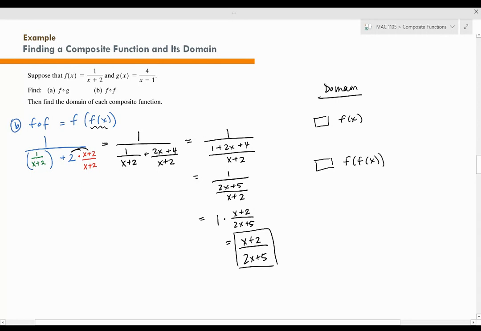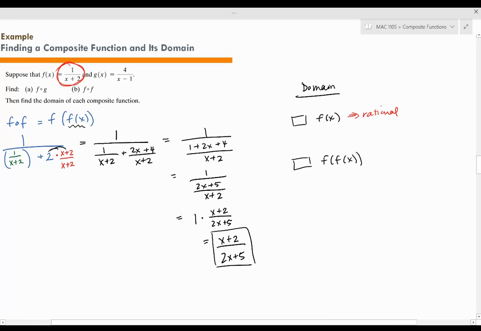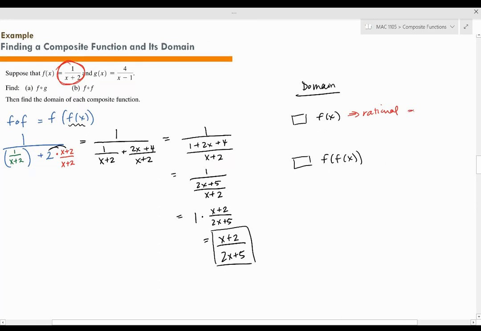We're going to look at the types of functions that we have. f of x is a rational function. It looks like a fraction, so it's a rational. And we know that for rational functions, the denominator cannot equal 0 when it comes to the domain.